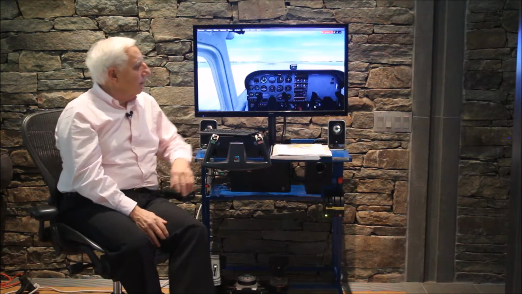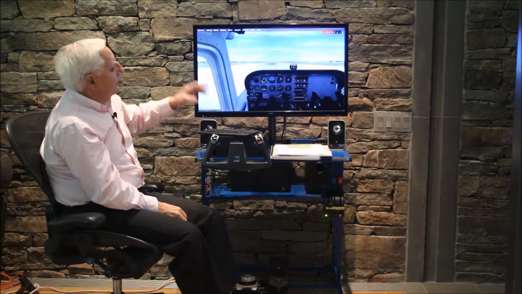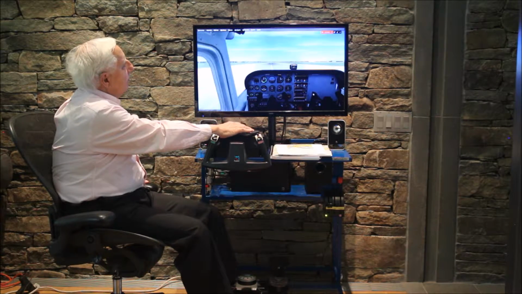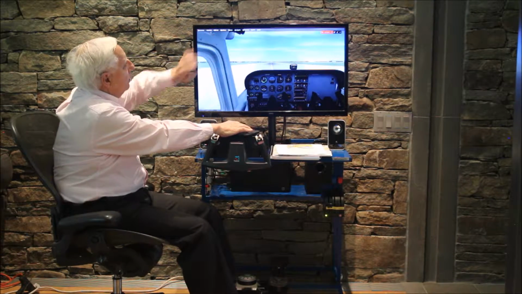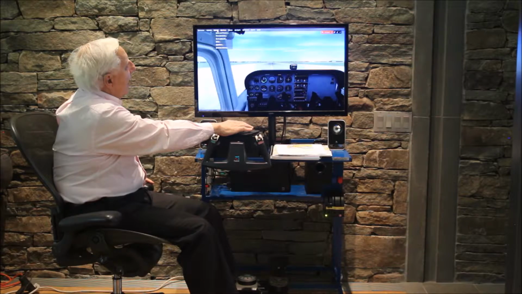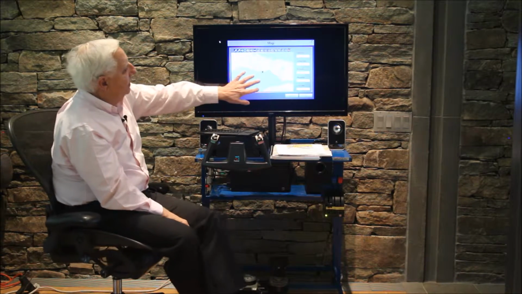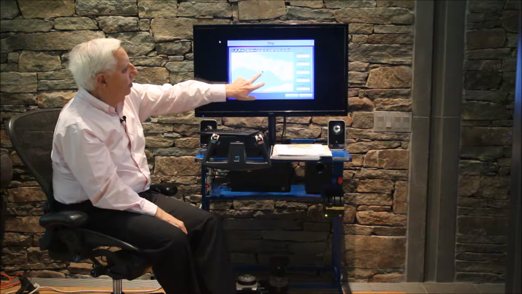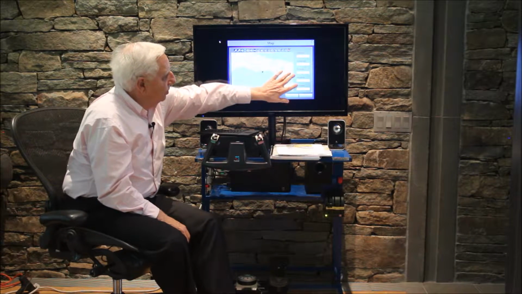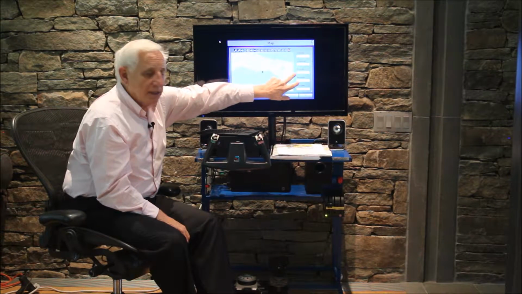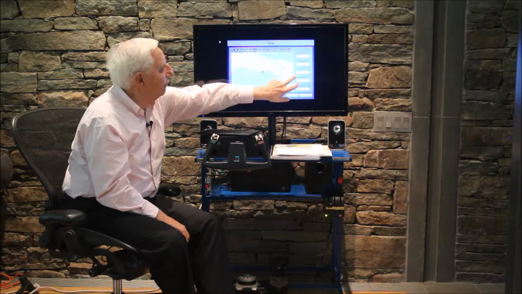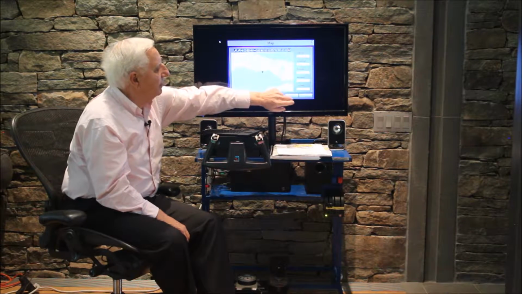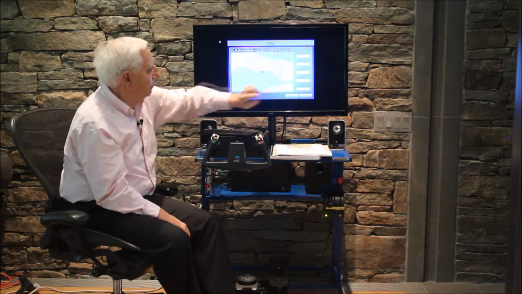So now we're in Istanbul, and the way we know that we're in Istanbul is we go up to World, Map, and now the map is going to show us our location, our latitude and longitude. This airfield is 167 feet above mean sea level, and we're at a heading of 356, basically north, and we have no airspeed.